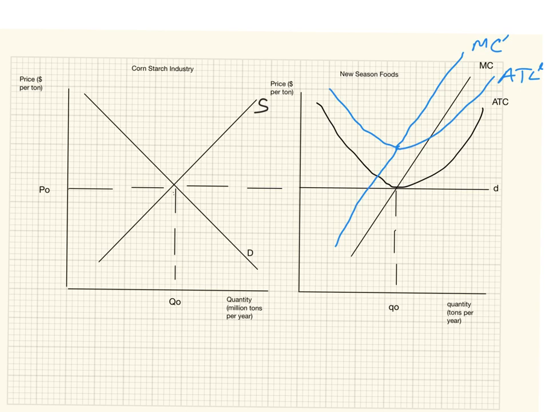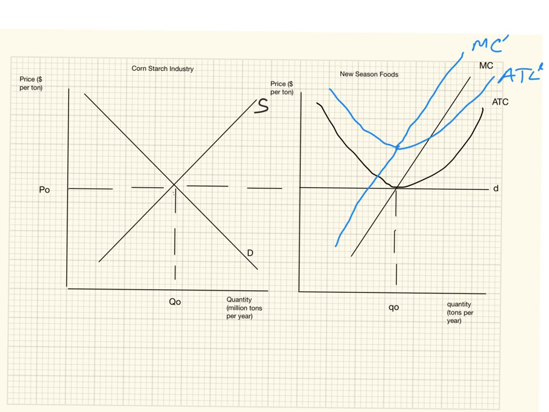All right, so the key to these problems is to start cost analyses over here in the firm level framework, and then feed that information carefully back into the market framework.